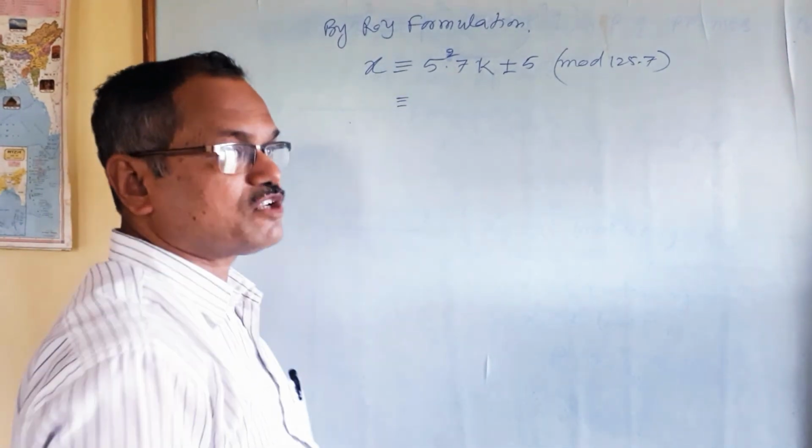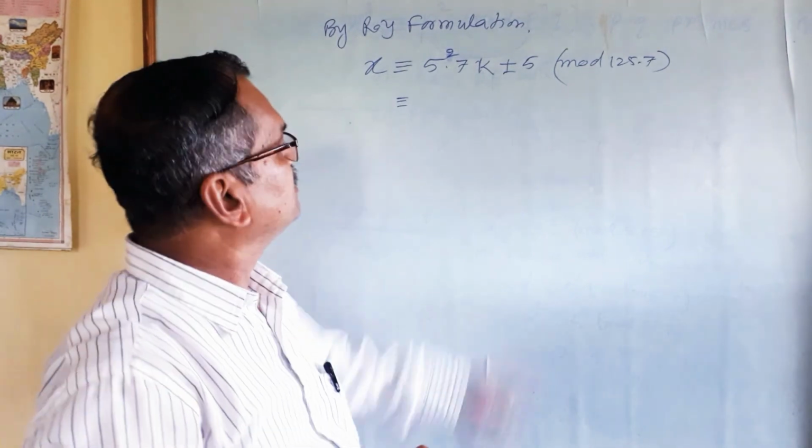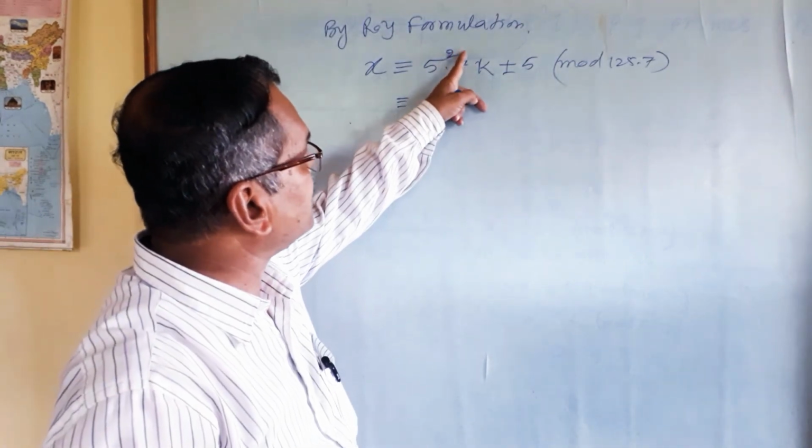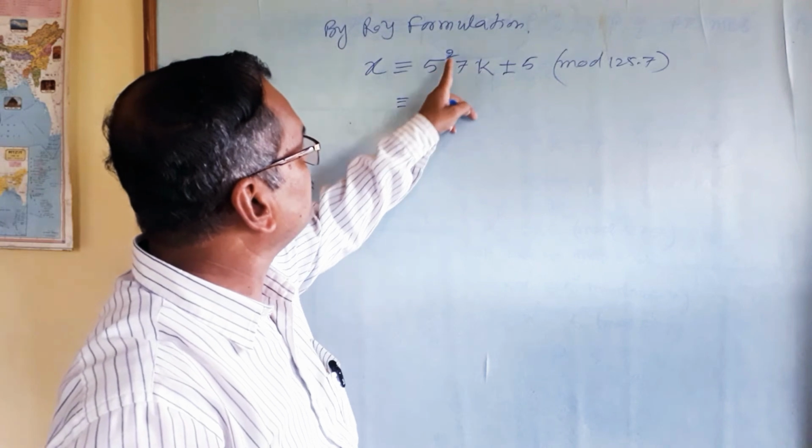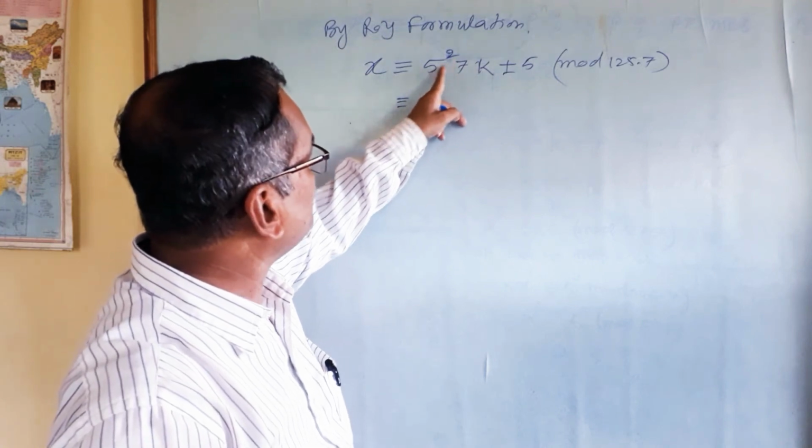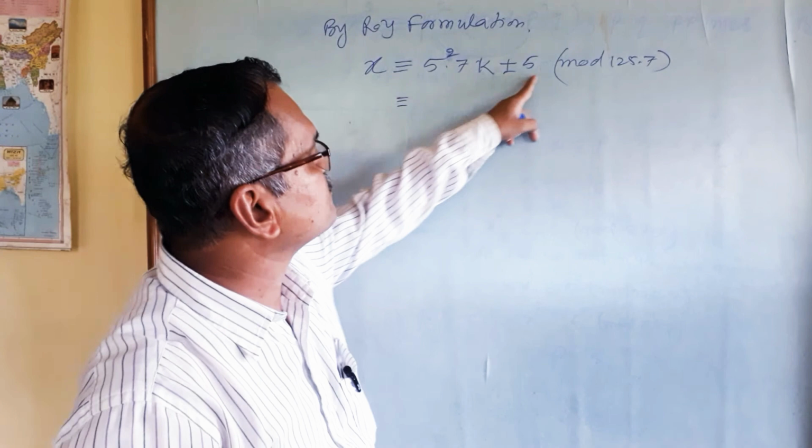We have substituted the values of p, q and n. That is, p power n minus 1, where 3 minus 1 is 2, so 5 power 2 into 7k plus minus 5.